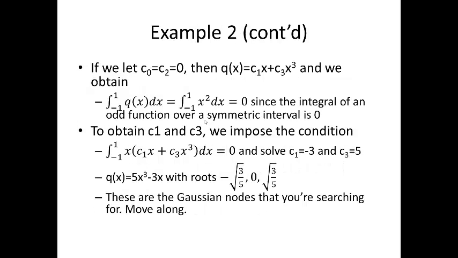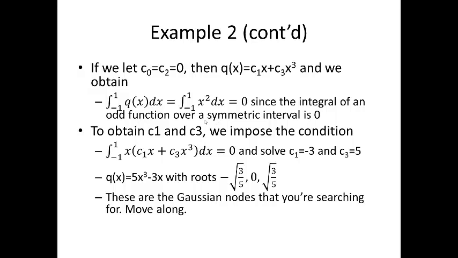So let's let c0 equals c2 equals 0. Then q of x is given by c1 x plus c3 x cubed. And what we can obtain is the integral from minus 1 to 1 of q of x is equal to the integral from minus 1 to 1 of x squared q of x, and that's 0, since the integral of an odd function over a symmetric interval is 0.